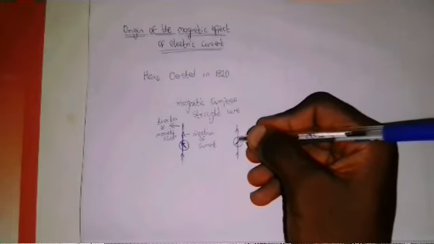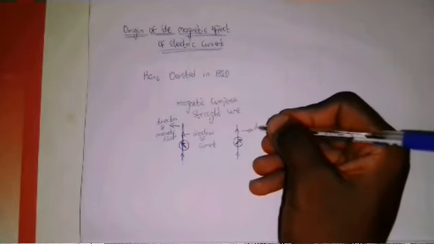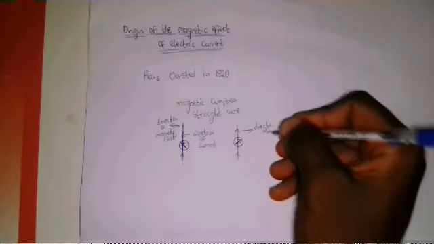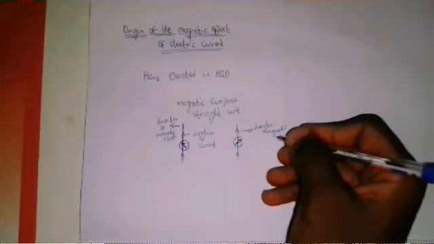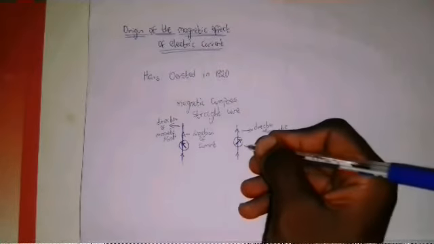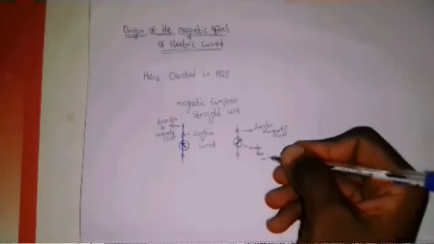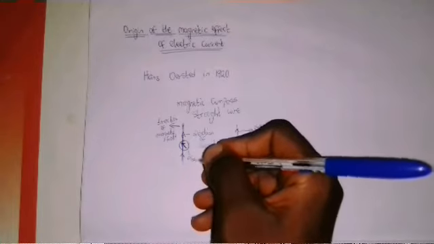Then the magnetic compass was deflected towards the right hand side, so this is the direction of the magnetic field when the magnetic compass is under the wire. Here it was under the wire, and here it was above the wire.